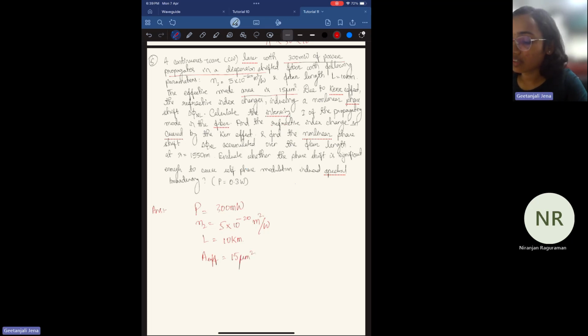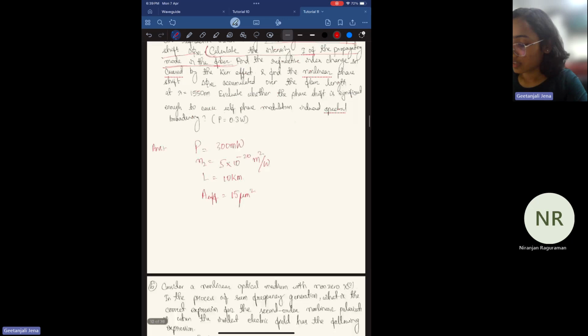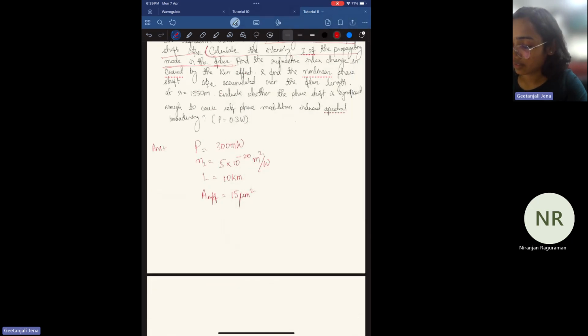And due to the Kerr effect, the refractive index changes, inducing a nonlinear phase shift of delta phi NL. So calculate the intensity of the propagating mode in the fiber. Let us see step by step. First is to calculate the intensity, which is easy, right? Because the power and the effective mode area are already given.